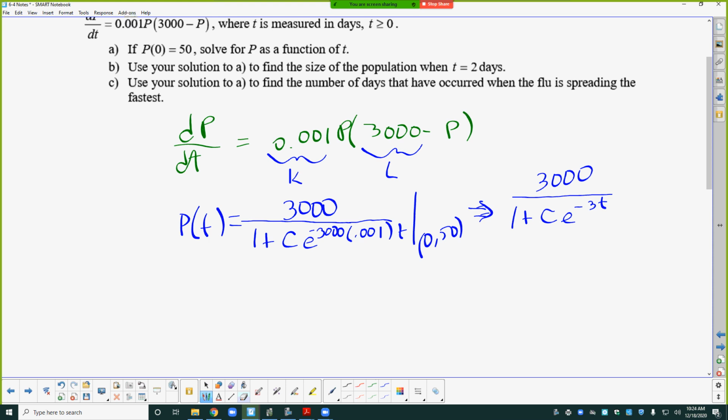When I evaluate at (0, 50), that gives me this. I can solve. Switch the numbers on the diagonal, or cross multiply and divide. It's nice if they gave us 0, but if they didn't give us 0, we still have a little more work to do. Subtract 1, and I think I get 59 equals C.